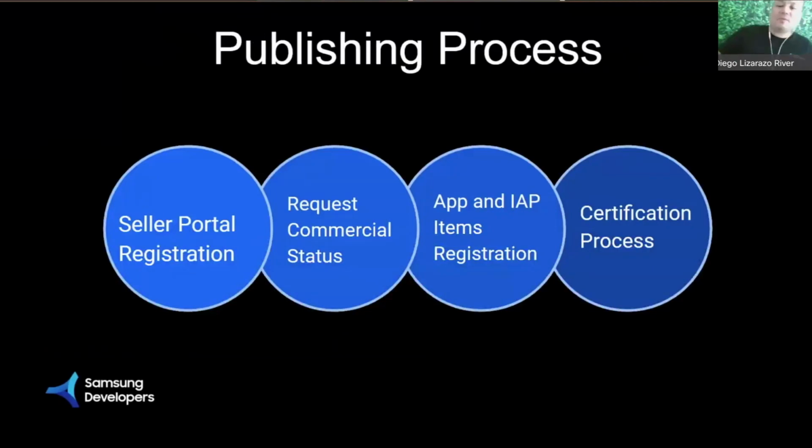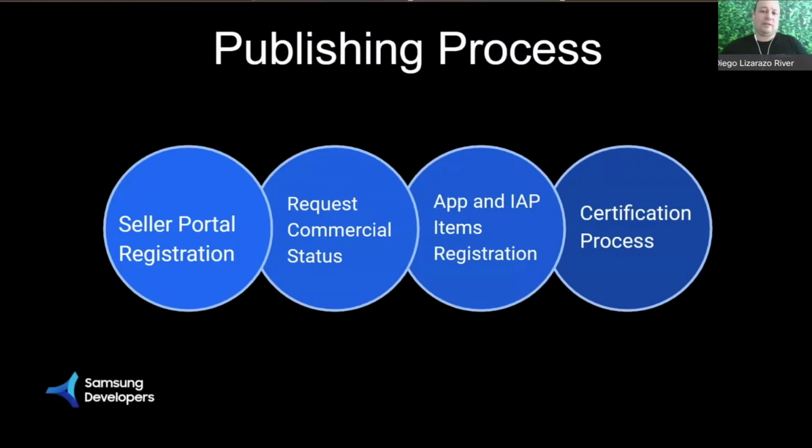Now, let's suppose that you have a game, which is my big assumption since you decided to join this particular webinar. I'm assuming that you have already created a game or are in the process of creating it.